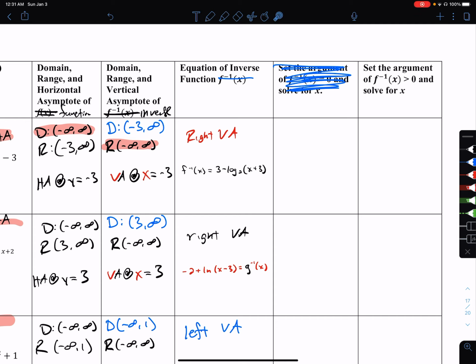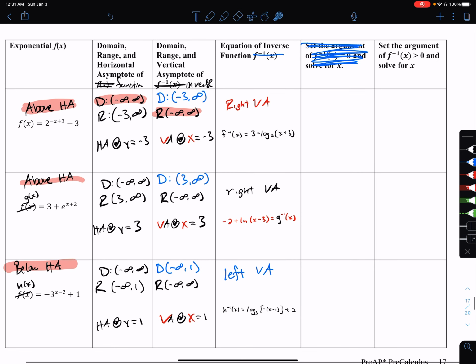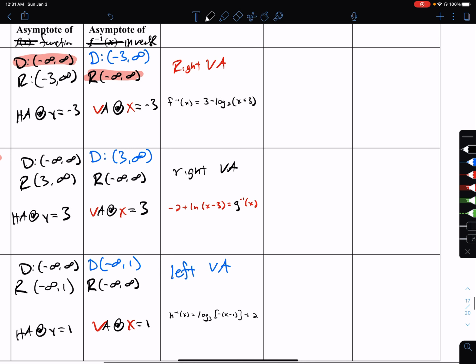My apologies. Set the argument of the inverse greater than 0 and solve for x. And let's see if we find something familiar when we do this. So if I take the argument and set it greater than 0 and solve it, what's going to happen is this is the domain. Not a coincidence.